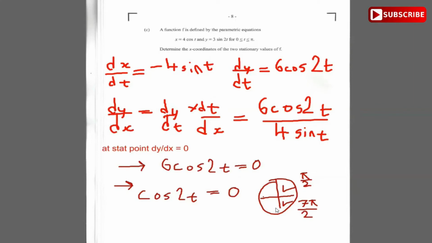Is that 7 pi by 2? 2 pi minus pi by 2, that's 4.71. Let me write it better. I don't think this says 7 pi by 2.